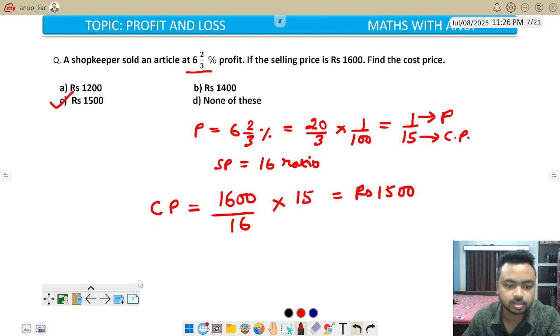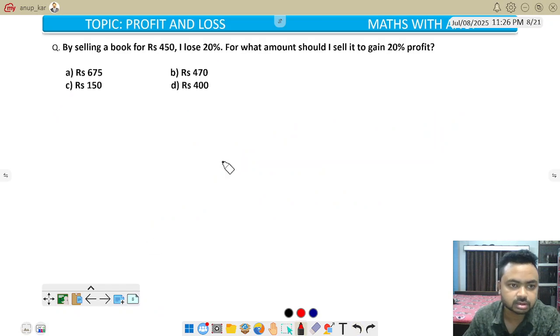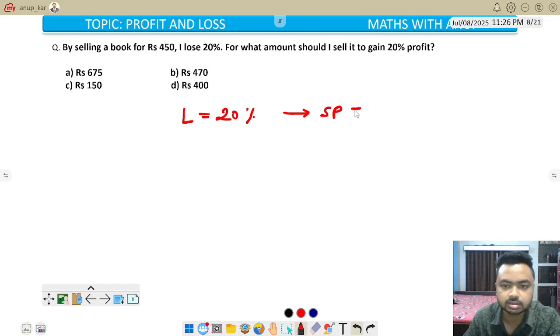Okay, now let's proceed to the further question. So here is another type: by selling a book for rupees 450 I lose 20%. So loss is 20% when the selling price is rupees 450.